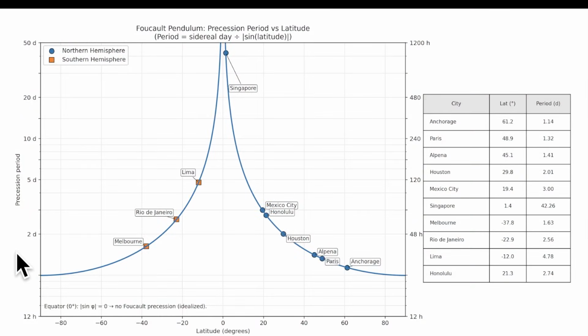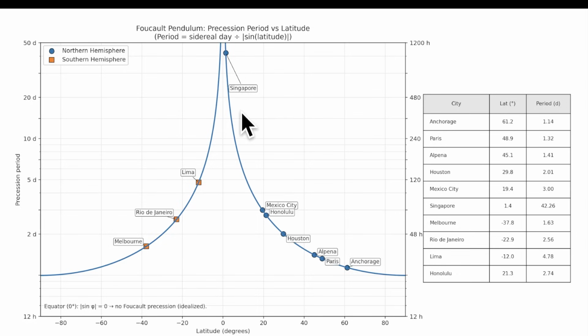One other thing that's completely incompatible with a flat, non-rotating Earth, or a flat Earth in general, is the fact that the equator itself does make a difference on a sphere. As you can tell, there is no rotation at the equator on a spherical rotating Earth. However, in the southern hemisphere, you get counterclockwise rotation, as noted by the negative values over here.